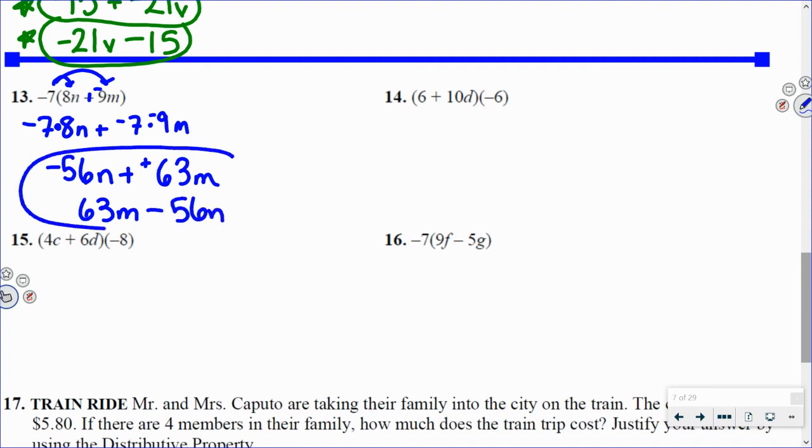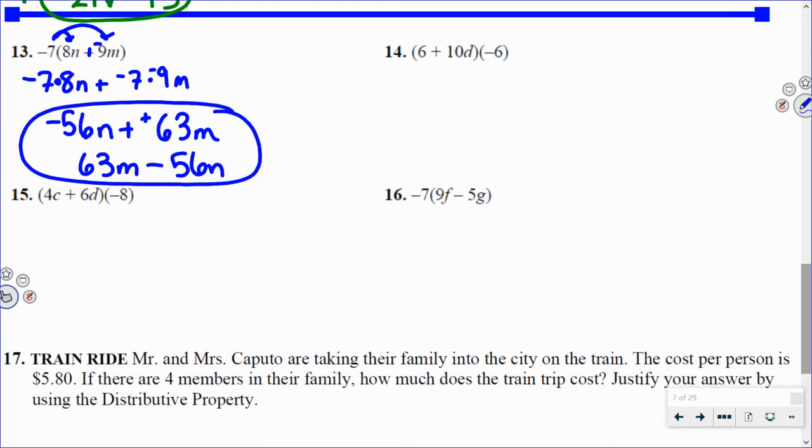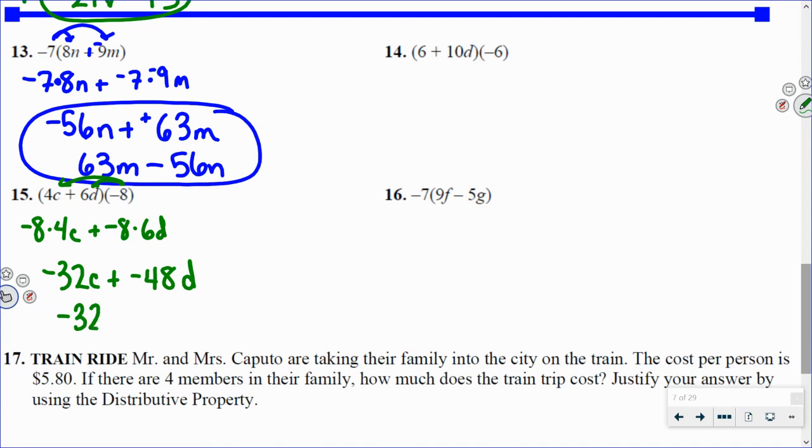Either of those acceptable answers. Some of you will simply write subtraction.